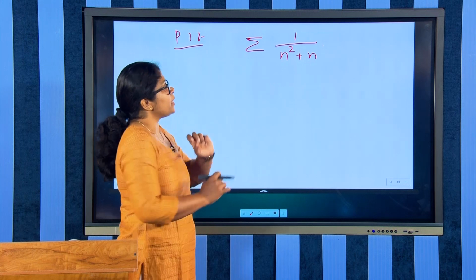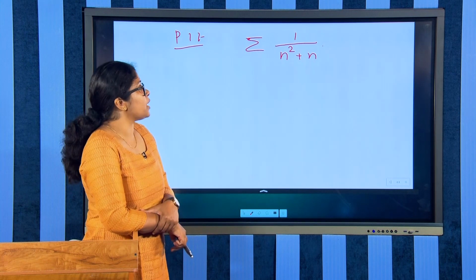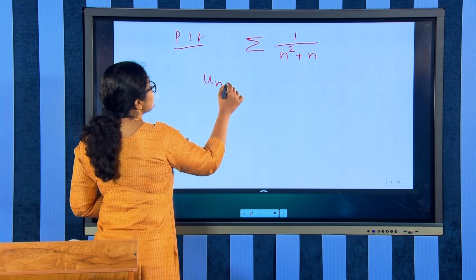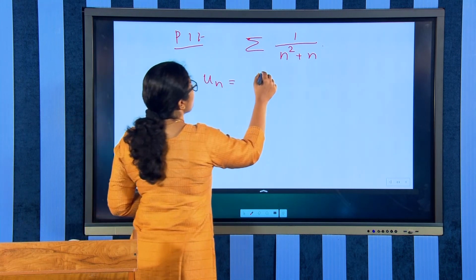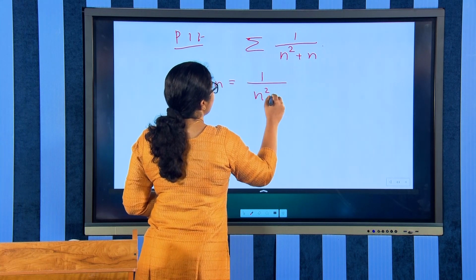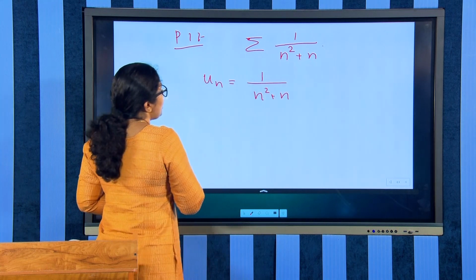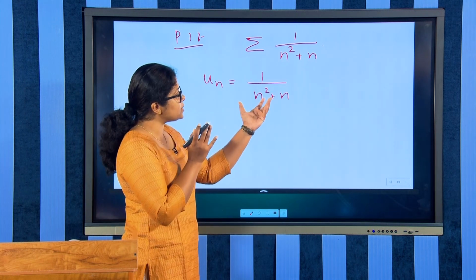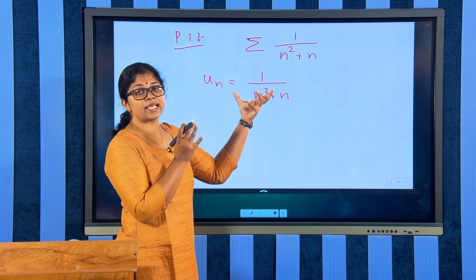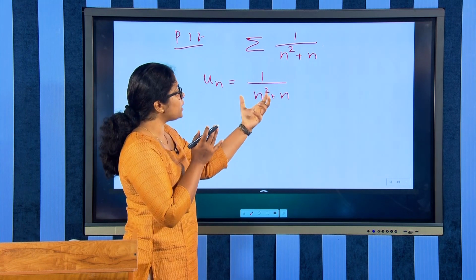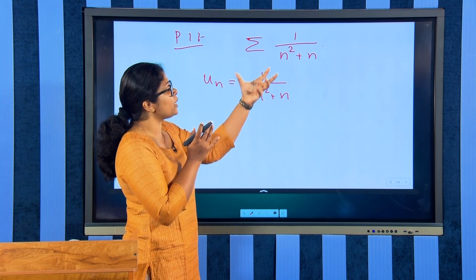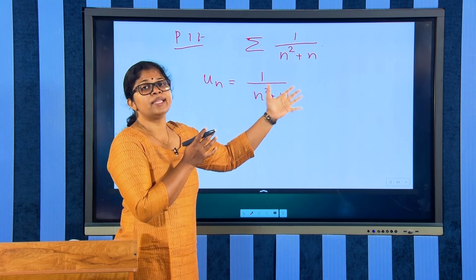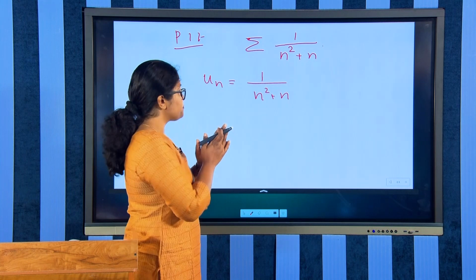So, you take the nth term as some un, which is equal to 1 upon n square plus n, and you analyze this term so that you can find out a larger term which you know very well converges or diverges.